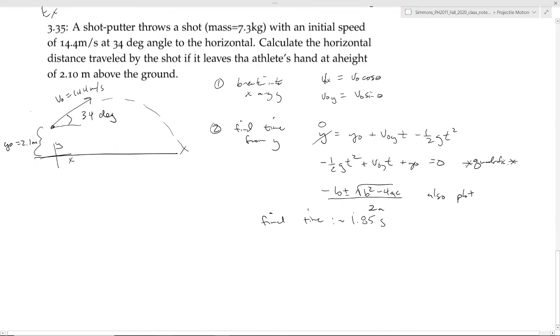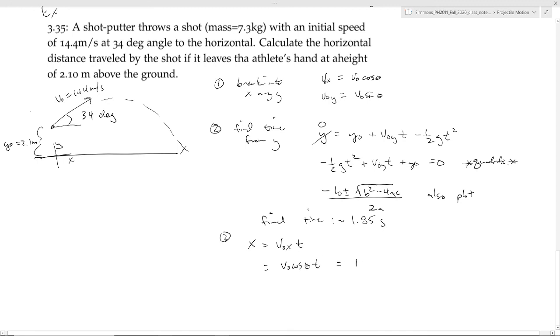So if we know the time, then we can do step 3 here, where if you know the time, we can find the range. Just combining the ingredients that we have from steps 1 and 2 here. v naught cosine theta times our time.